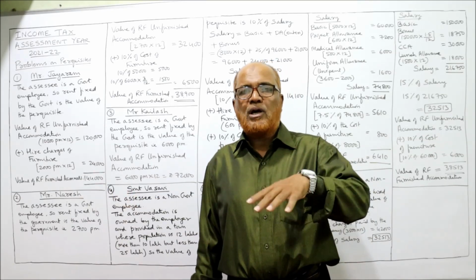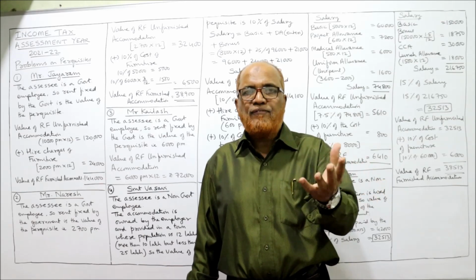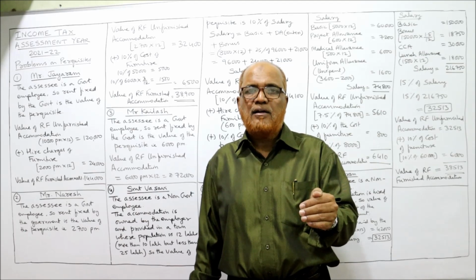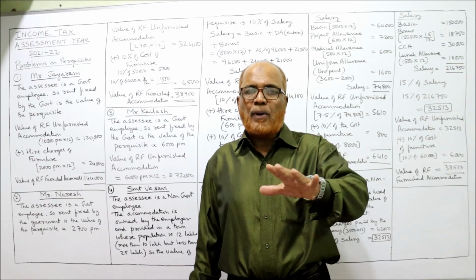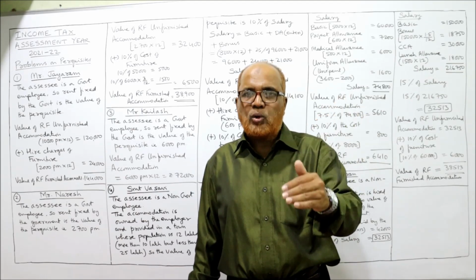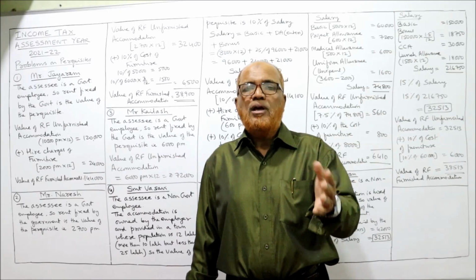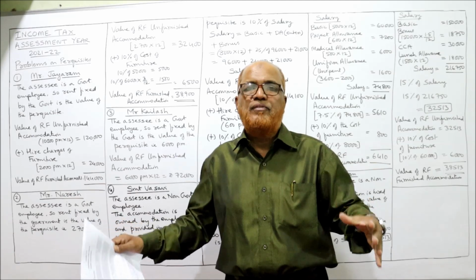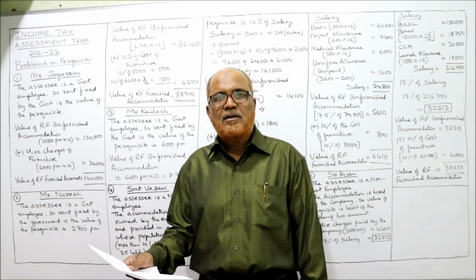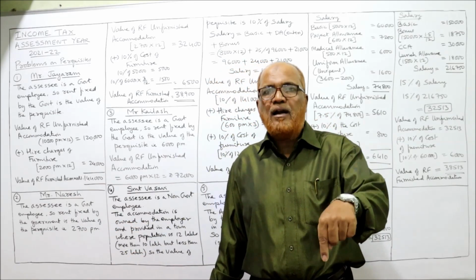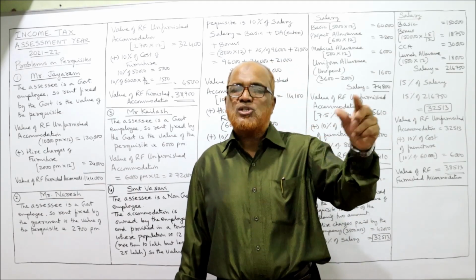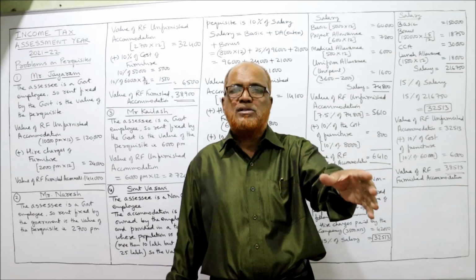How we can know small town, medium town, big town? If the population of the area is below 10 lakh, it's a small town. If the population is more than 10 lakh but below 25 lakh, medium town. If the population is more than 25 lakh, it's a big town, 15% of salary. That's it. If the accommodation is hired by the employer, then least of the following two: actual hire charges paid by the employer or 15% of salary.